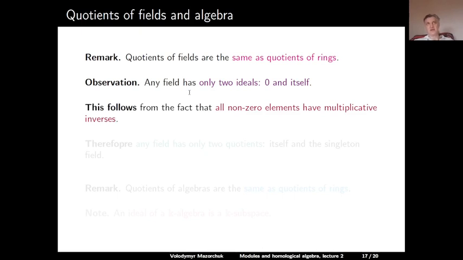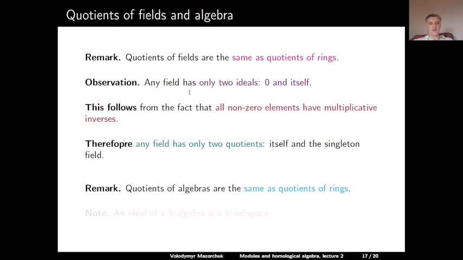If an ideal contains a non-zero element, by multiplying, we should get all non-zero elements, and then multiplying with 0, we also get 0. So fields have very few ideals, namely at most two, the zero ideal and the field itself. And therefore, any field has only two quotients, the field itself and the singleton field, the field consisting of one element, a very degenerate object.